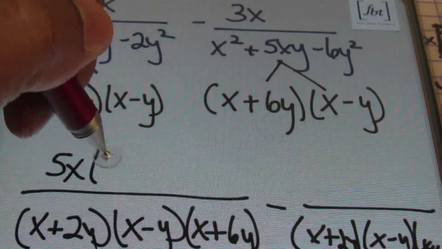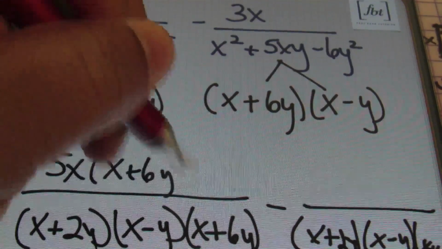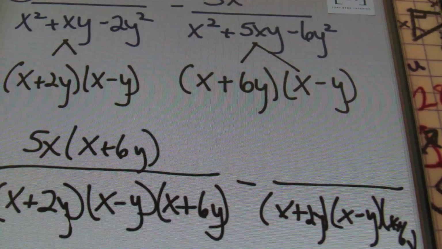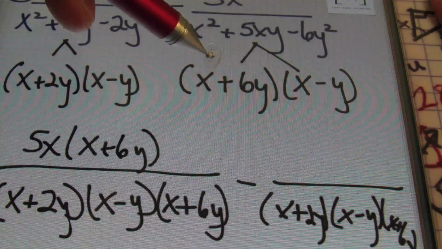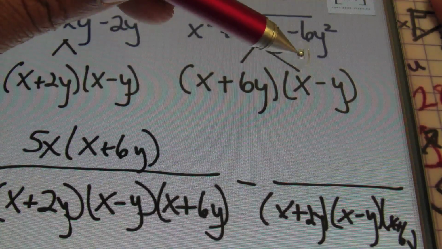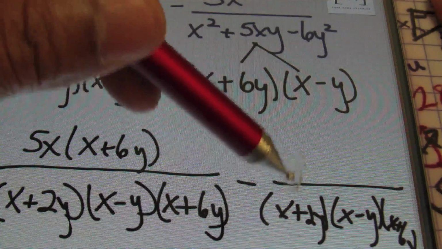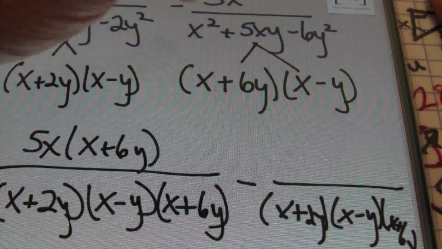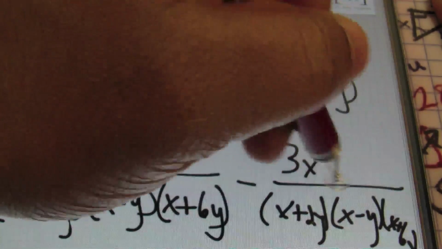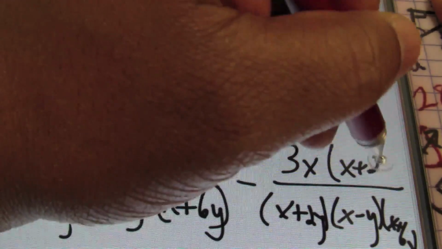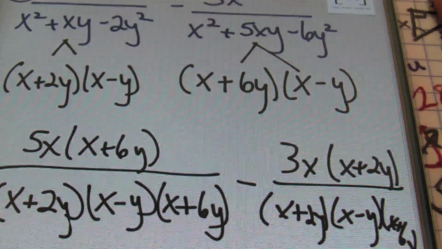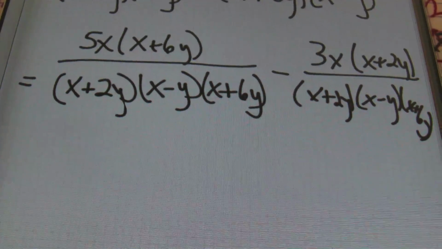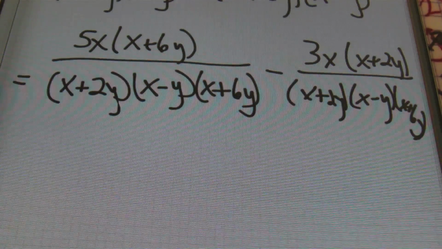So it'll be 5x times x plus 6y. That goes right there. Then, looking at the second denominator, I did have an x plus 6y. I do have x minus y, but I don't have an x plus 2y. So I'll be multiplying 3x times this x plus 2y here. And that's what I have thus far. Then my next step always is just to simply combine my numerators together.